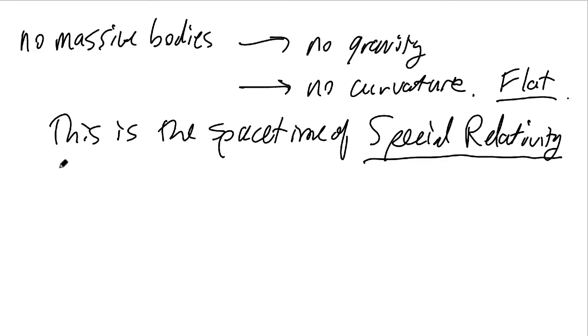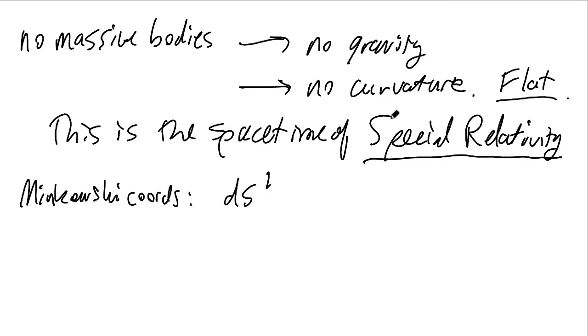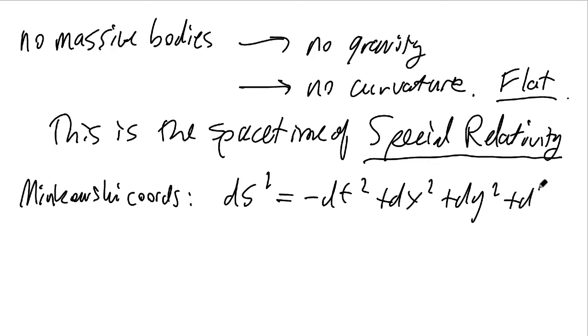All right, we know that in Minkowski coordinates, the line element for a flat spacetime of special relativity is minus dt squared plus dx squared plus dy squared plus dz squared. Of course, we can also express this in other coordinate systems, for example, in Rindler coordinates.